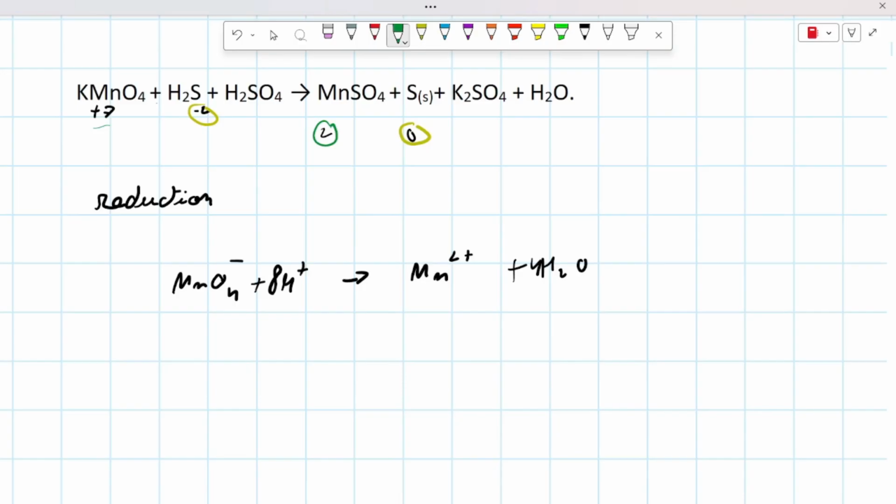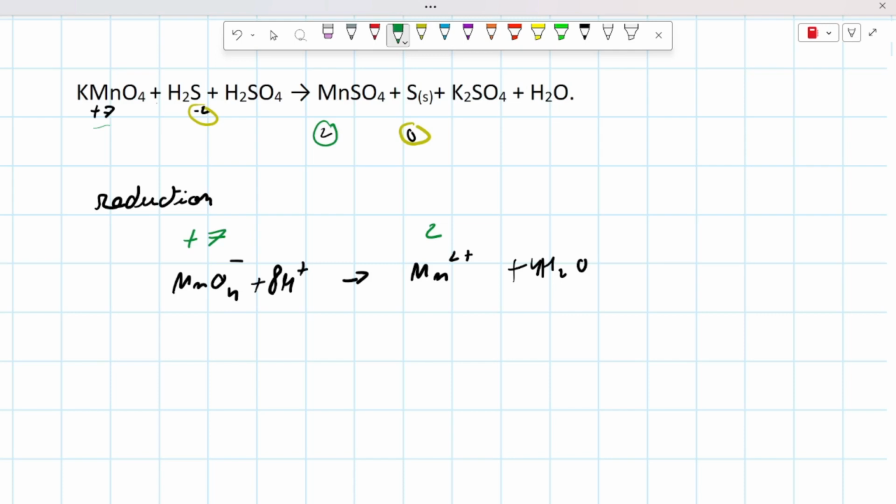So now we are just lacking one last thing in this reduction equation, which is to add electrons. So we went from +7 to +2, but we need the total of oxidation states remaining the same on each side.